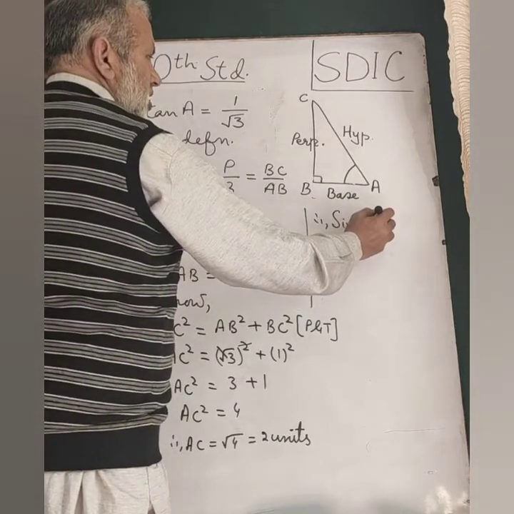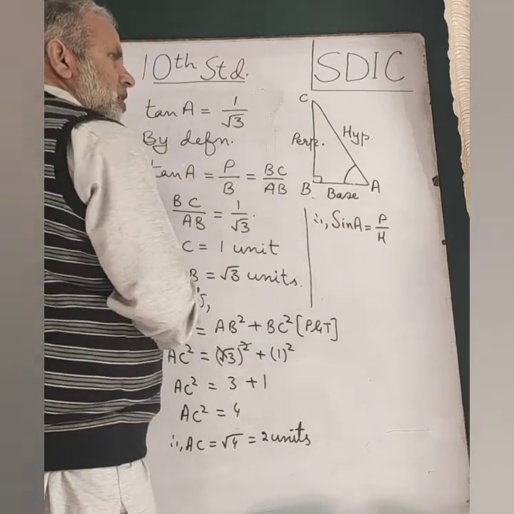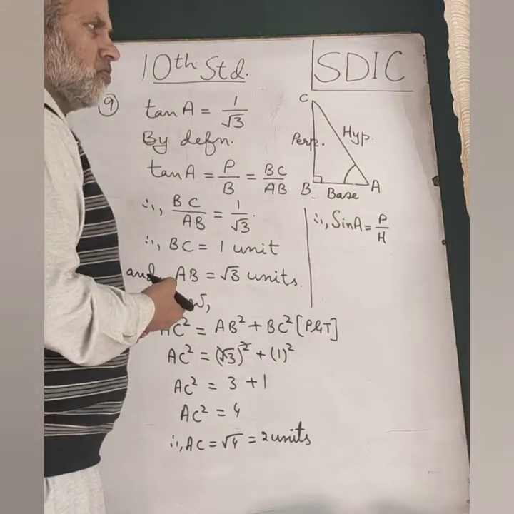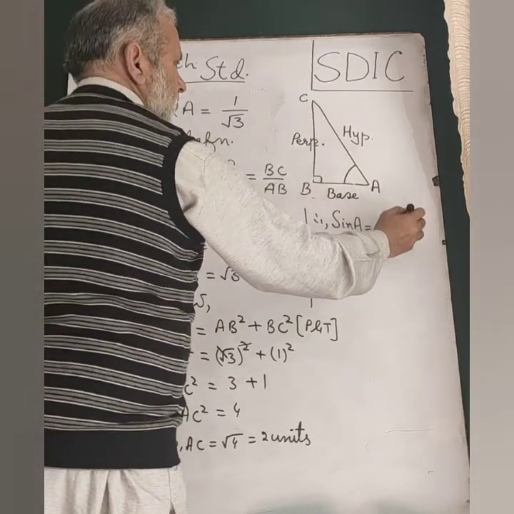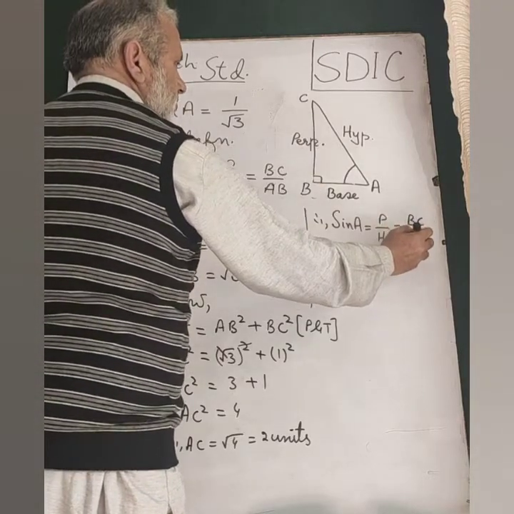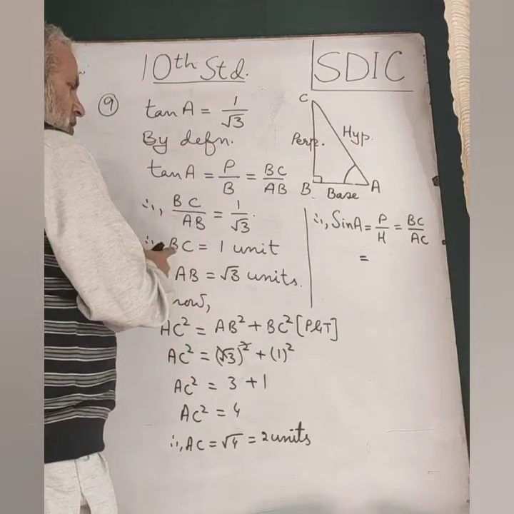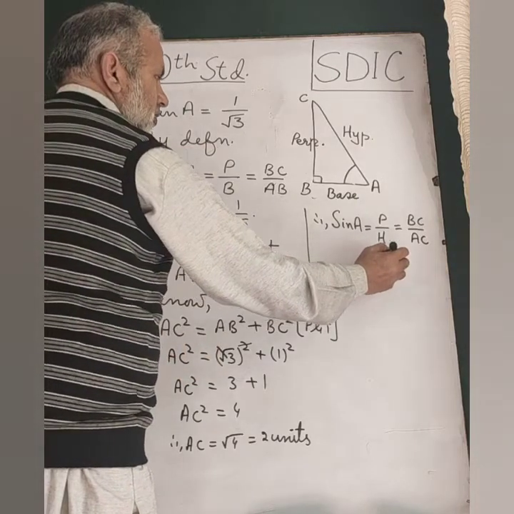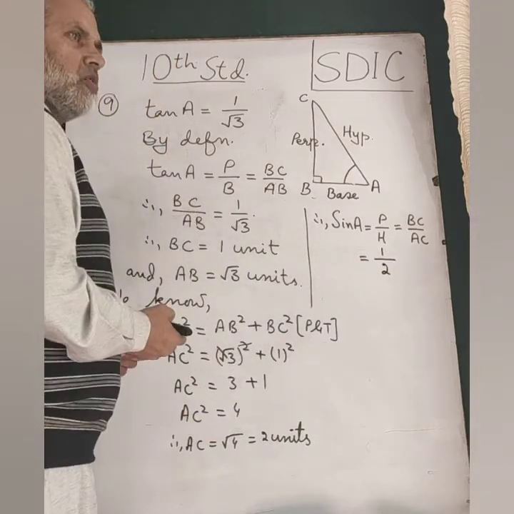Sine A by definition is perpendicular by hypotenuse. Sine is perpendicular by hypotenuse. What is the name of perpendicular? It is BC divided by hypotenuse AC. Put the value. BC is 1, AC is 2. So sine A is 1 by 2.